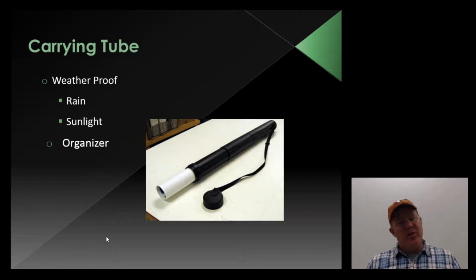Now, very inexpensive, but what I've seen students do, I've seen them take things like Christmas paper tubes, or simple mailing tubes, and they'd kind of make their own. I've seen students take PVC pipe and get the caps.